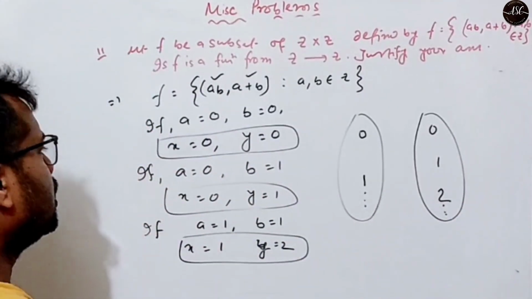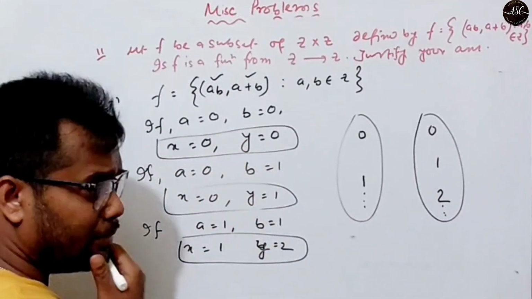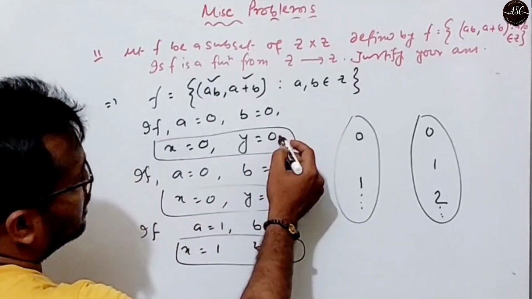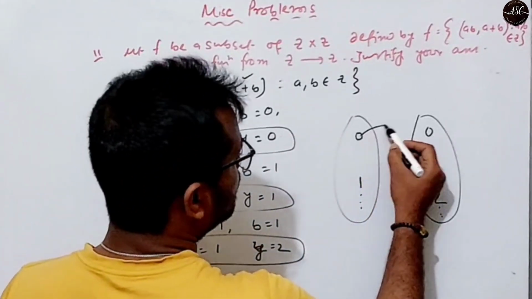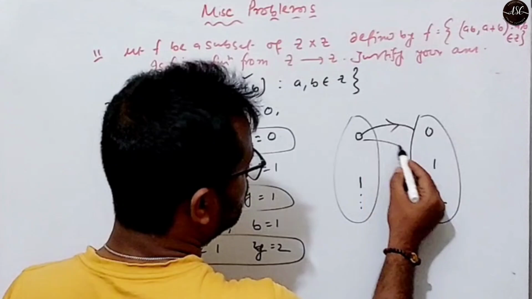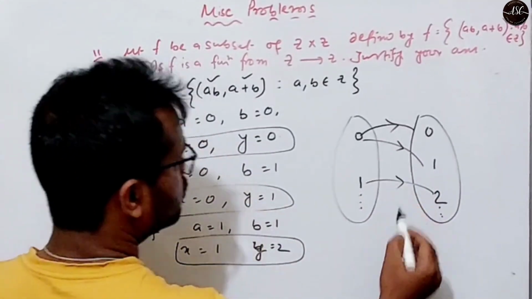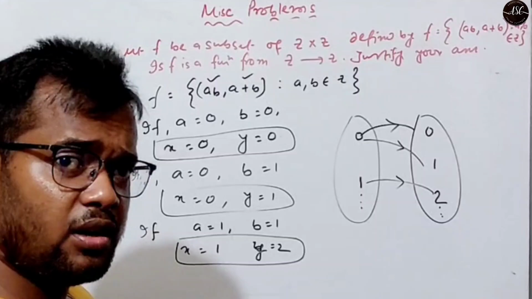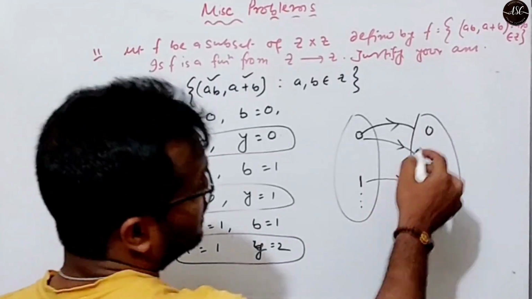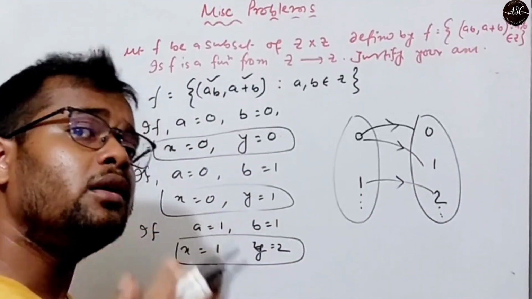Now look, the value of x, that means 0, has 2 images. That means 0 to 0 is one image, and 0 to 1 is another. So 0 is repeated, and it has more than 1 image.